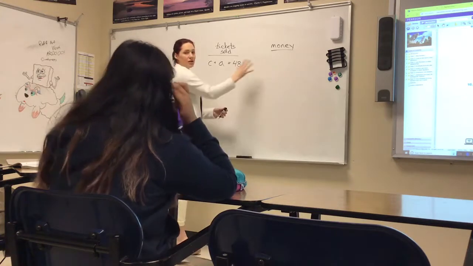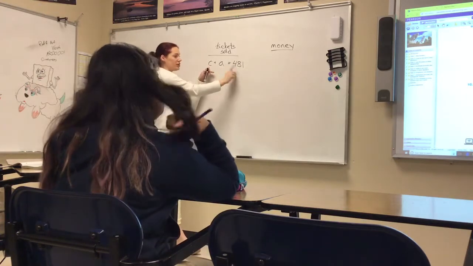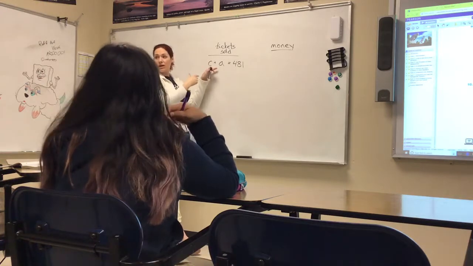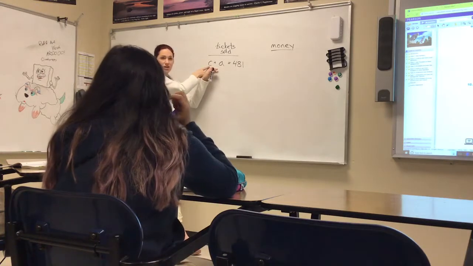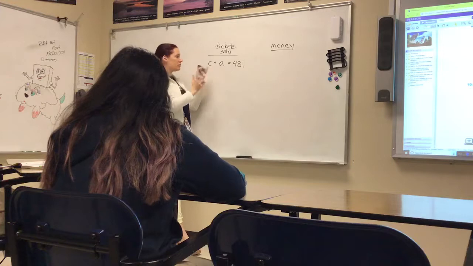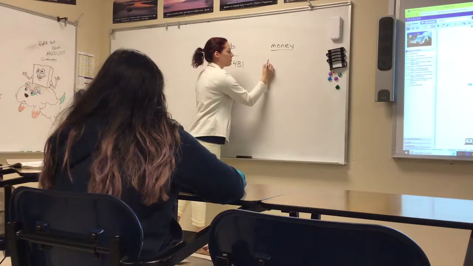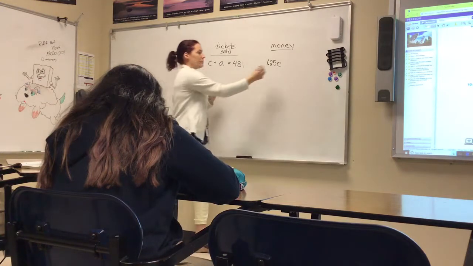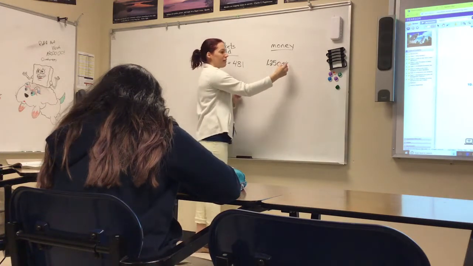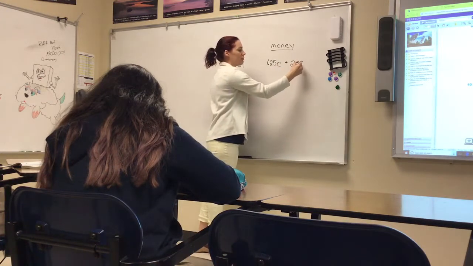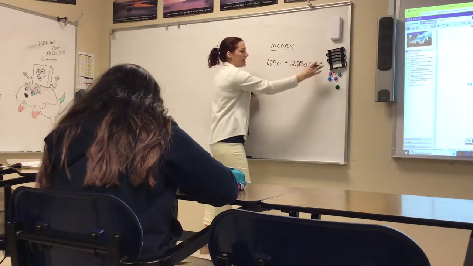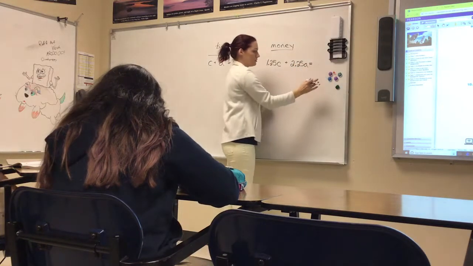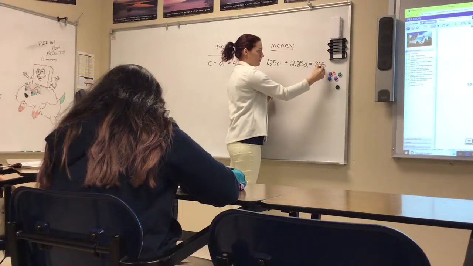The other one deals with the money. If I've got children's tickets, how much do they each cost? $1.25 per child ticket plus $2.25 per adult ticket, and it is a total of 865.25.